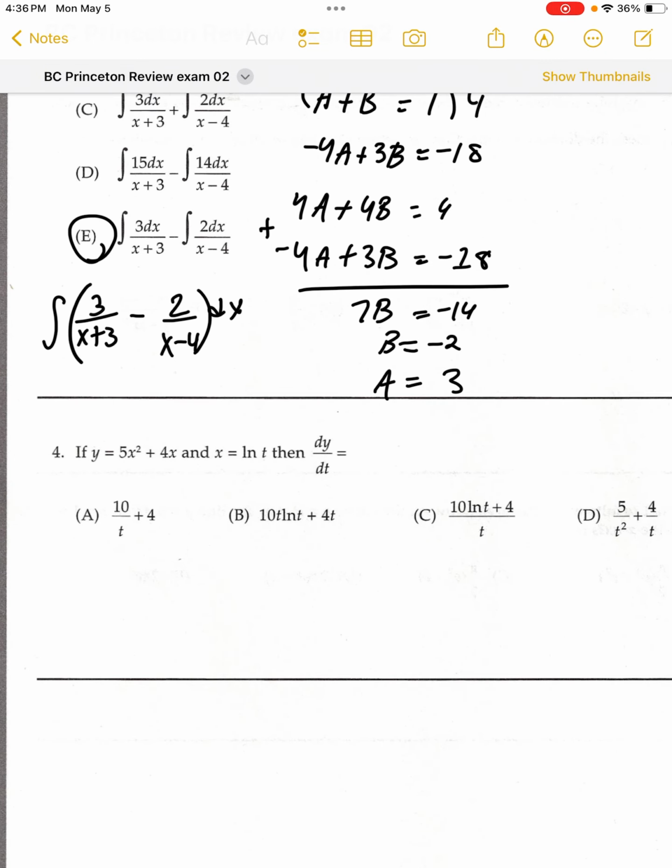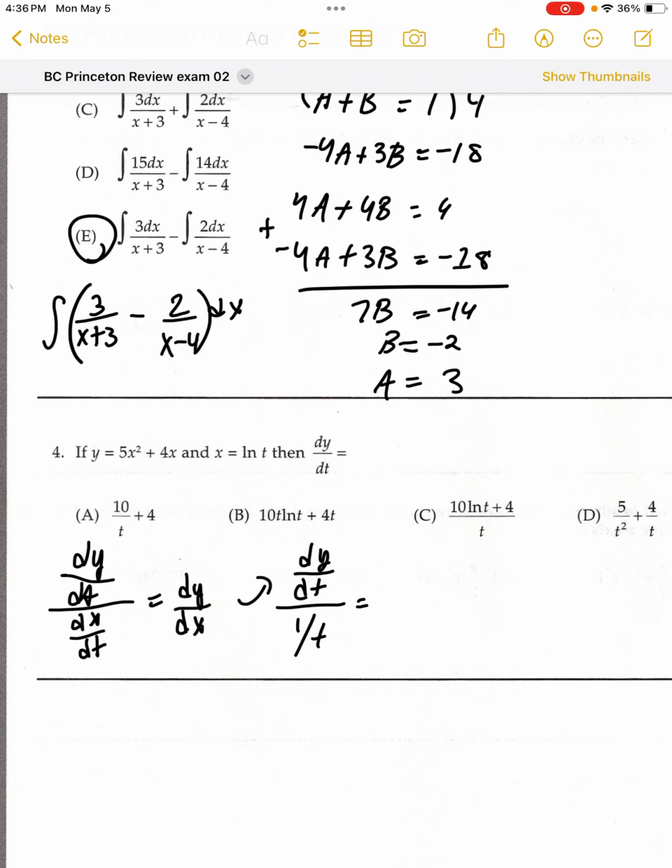Okay, if y equals 5x squared plus 4x and x equals ln t, then dy over dt equals, okay, so from the parametrics unit, we know dy over dt over dx over dt is dy over dx. Now this means that dy over dt over dx over dt, which is 1 over t, is equal to 10x plus 4.